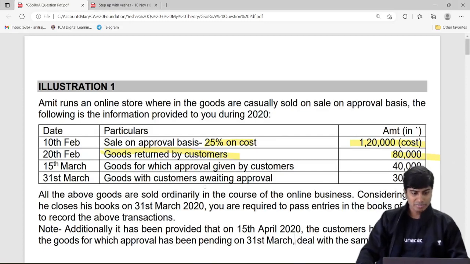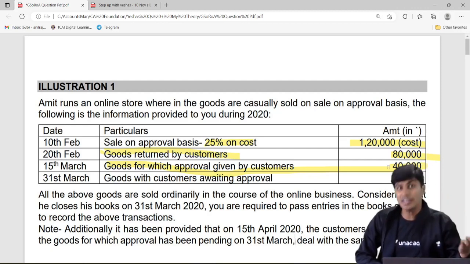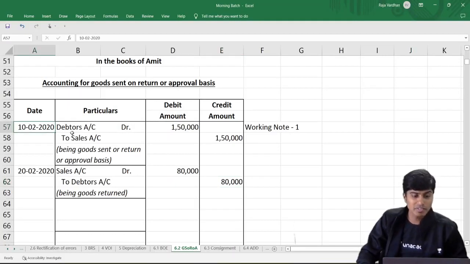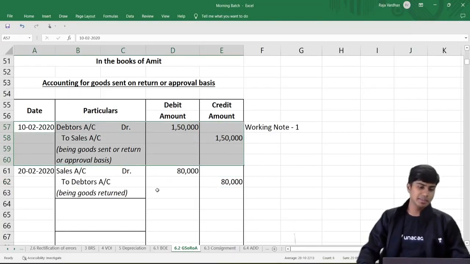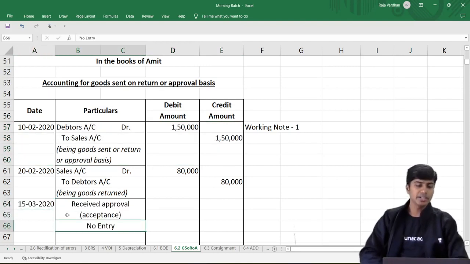On 15th of March, the customer has given approval to the extent of 40,000, for which we don't have to pass any separate entry, because we already recorded the sales entry when the goods were sent. When the acceptance is received, there is no need to pass a separate entry.